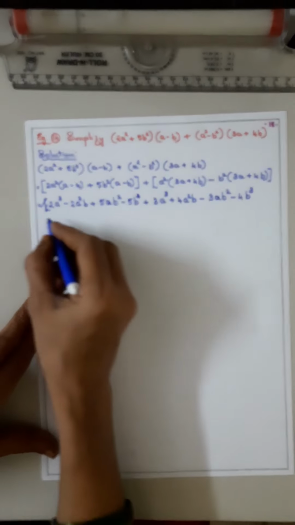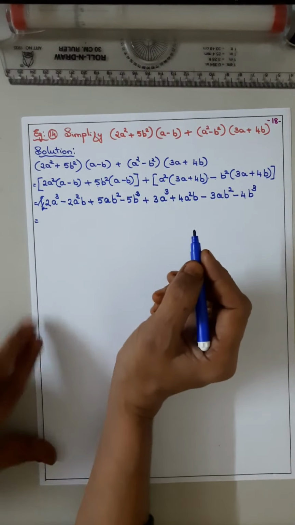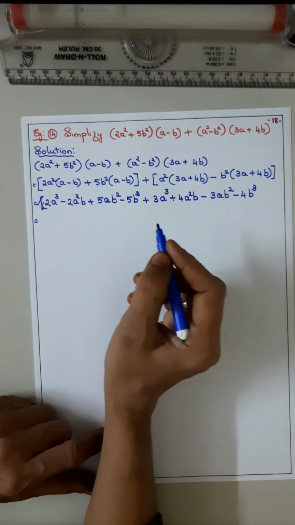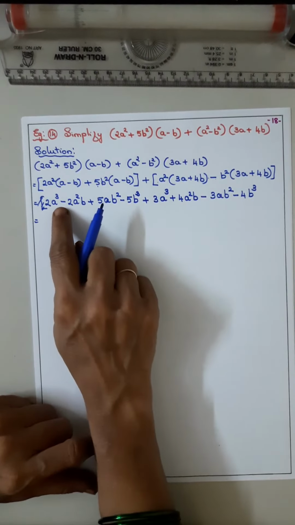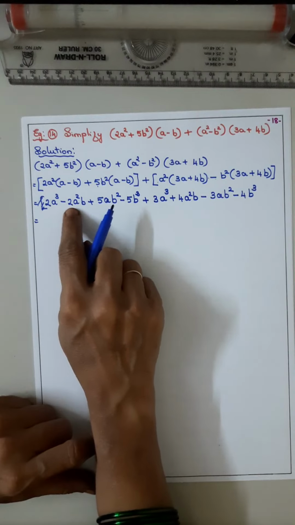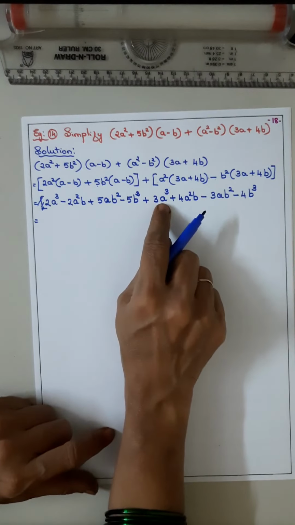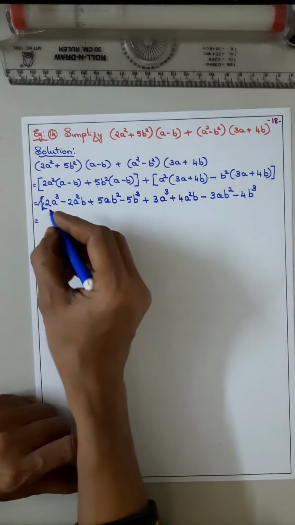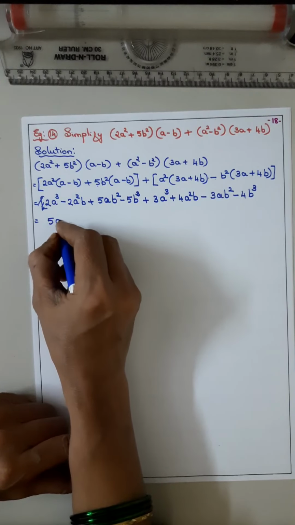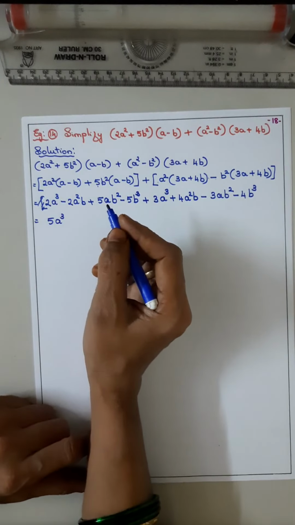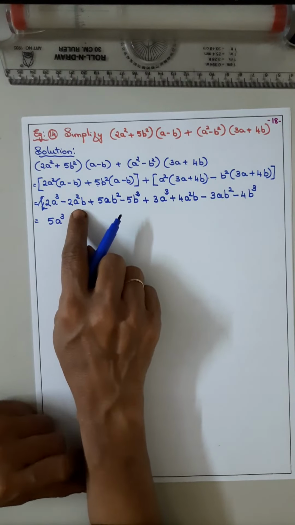Okay. Now we'll see whether any like terms are there. Now here is a cube and here is a cube. So 2 plus 3 is 5a cube.